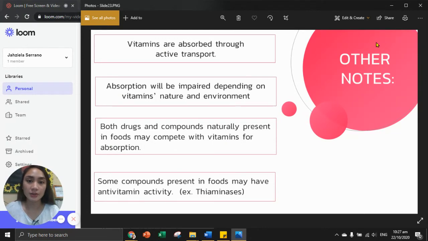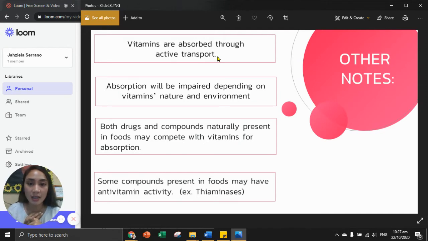Okay, so other notes. So we all know that vitamins are absorbed through active transport. So whenever we say active transport, so magkaiba sila ng simple diffusion or simple transport. Kasi sa simple, wala kang vesicle na ginagamit. You don't also need energy, no assistance.